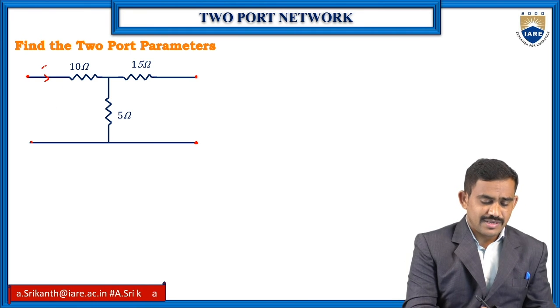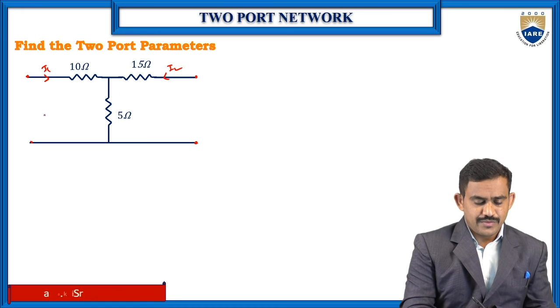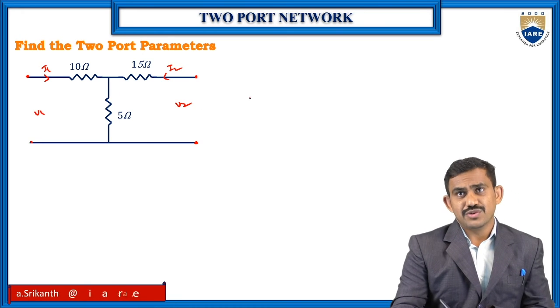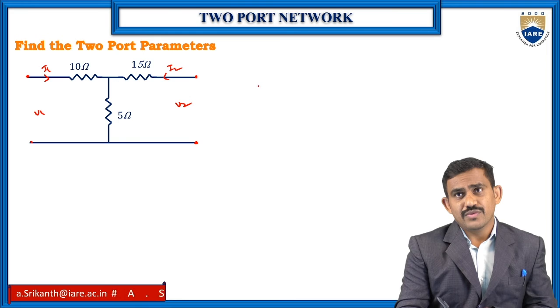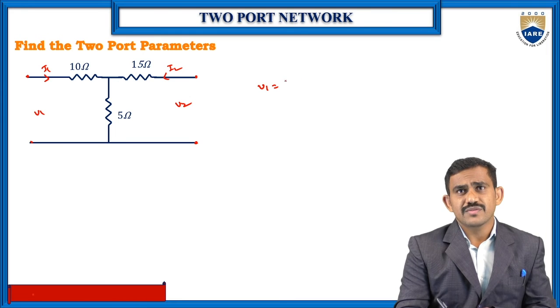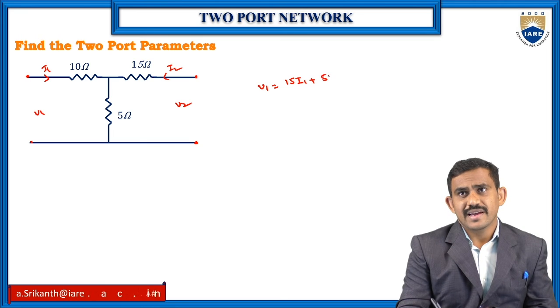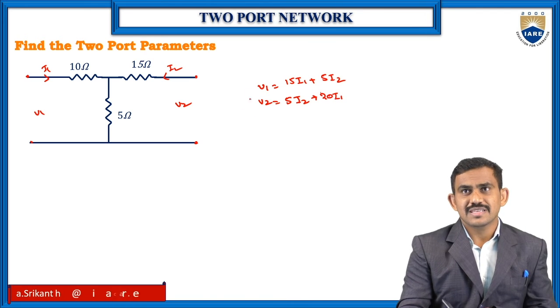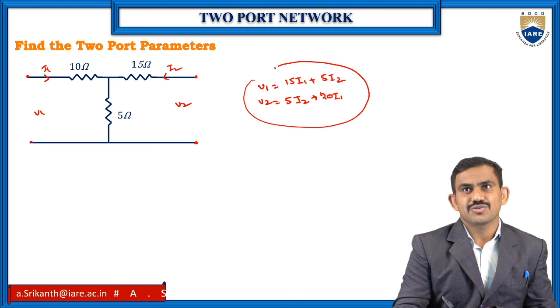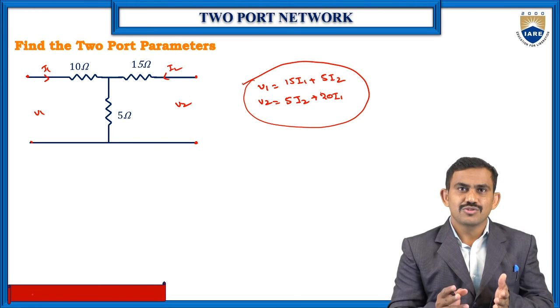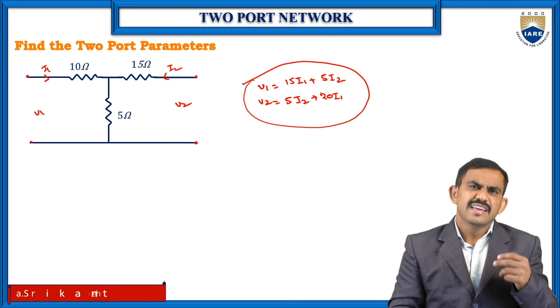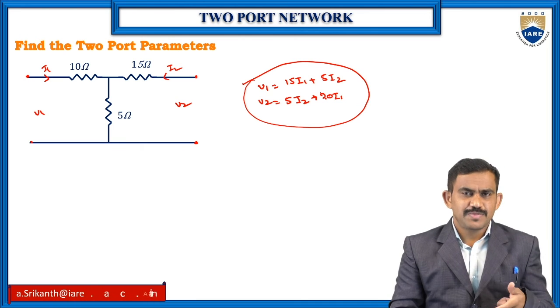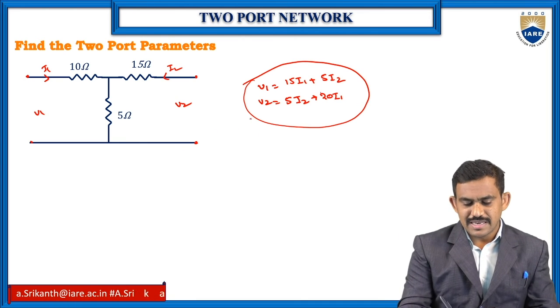Now we have I1, I2, V1 and V2, so from this we know the equations. V1 equals 15 I1 plus 5 I2 and V2 equals 5 I2 plus 20 I1. These are the two loop equations using mesh analysis. From these two equations, I can find the ABCD parameters as well as H parameters. It's very simple, just observe clearly.